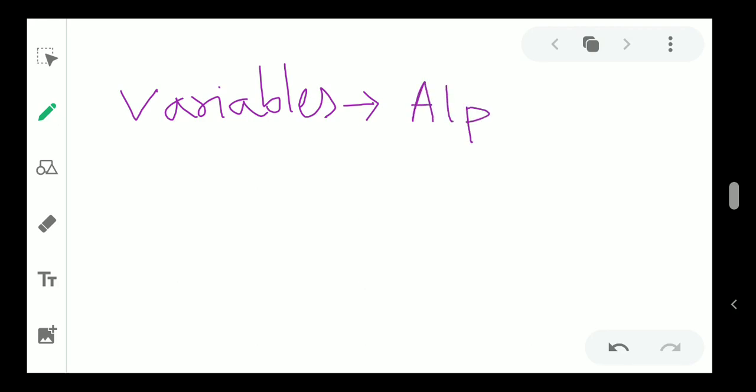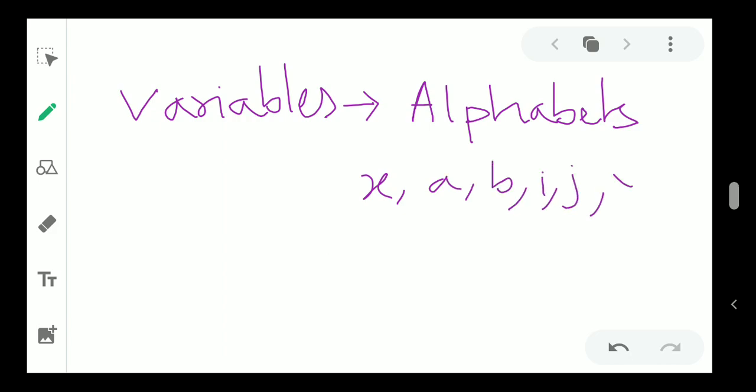Talking about the very basics of algebra, we are dealing with two major things. The first thing is our variables. Variables are alphabets, which can be your X, A, B, I, J, whatever you like, anything.